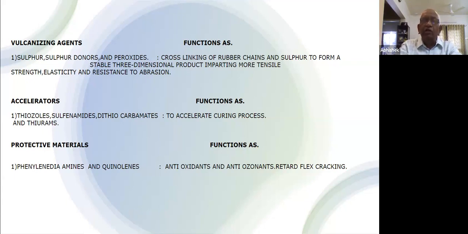Flex cracking is another property of the rubber product. They do crack during service operation. So in order to get good flex cracking resistance, these chemicals are added.